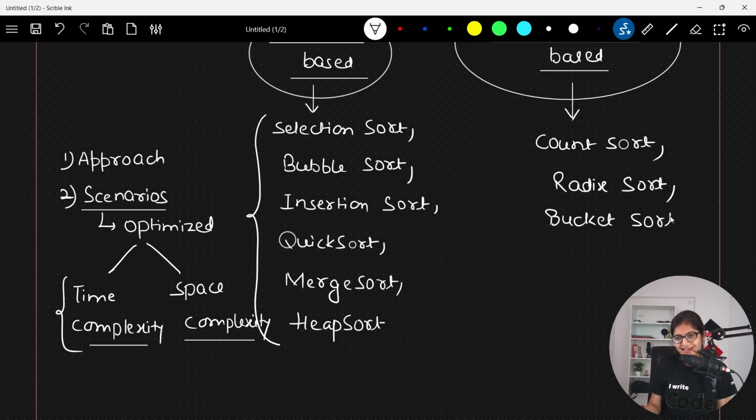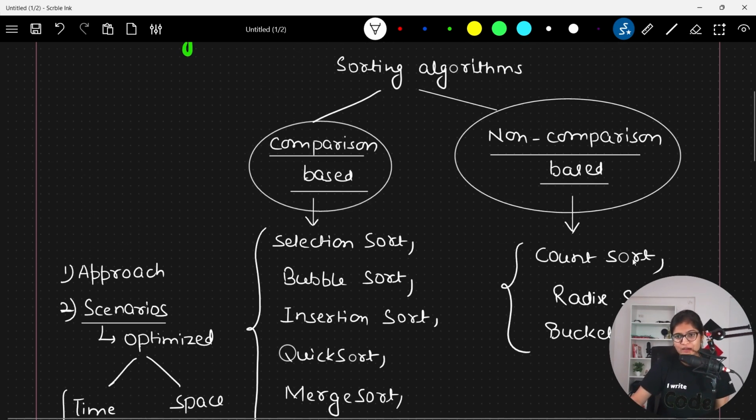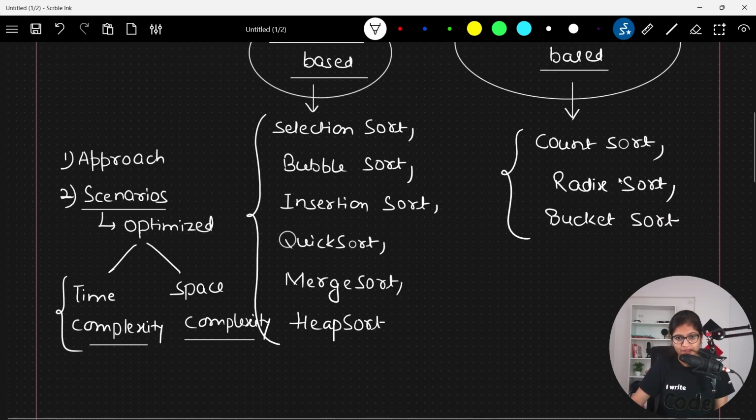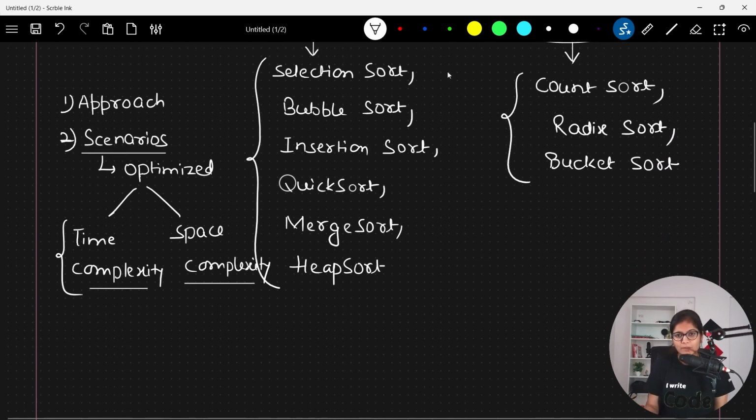So basically we have mainly these three different kinds of sorting algorithms which come under the category of non-comparison based sorting algorithms.